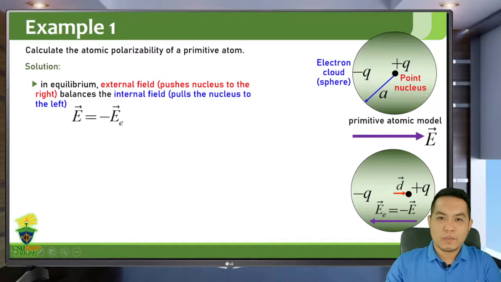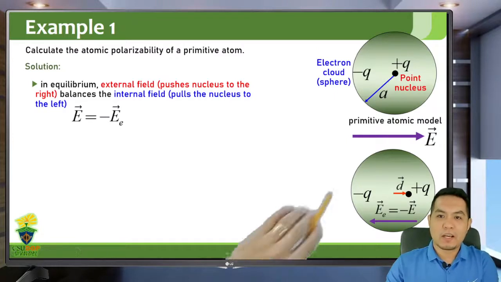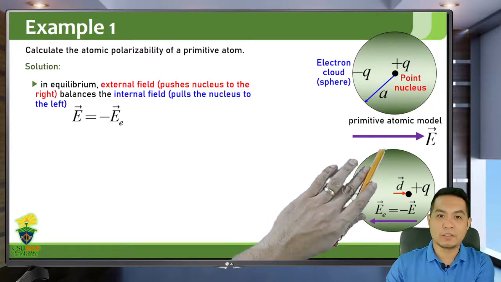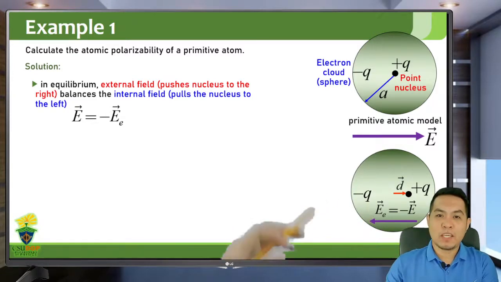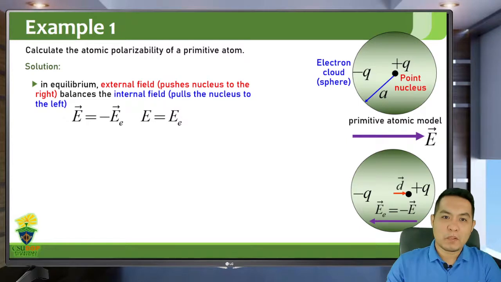In this case, the external electric field and the electric field of the electron cloud are equal in magnitude but opposite in direction. Now, what is the electric field due to the electron cloud?